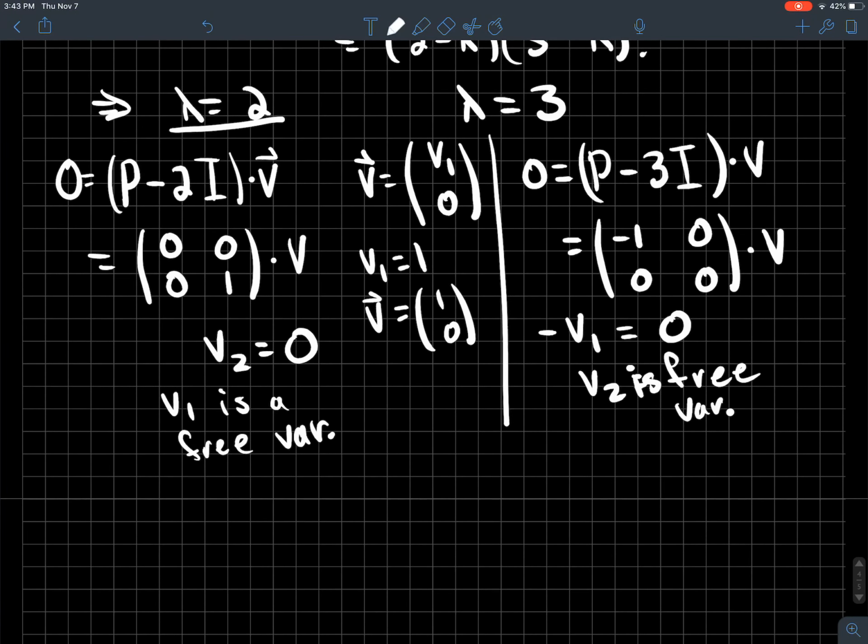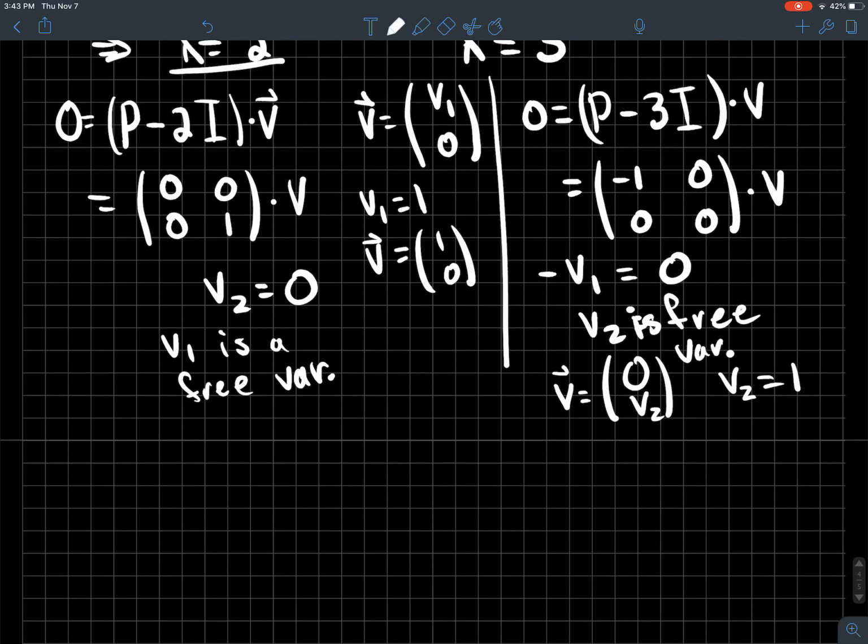So we write what our eigenvector is in this case. V1 is 0 and V2 is free, and we only need one of them, so we work with V2 being 1.